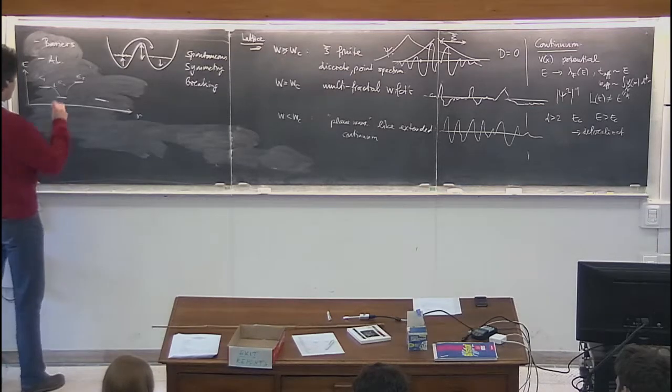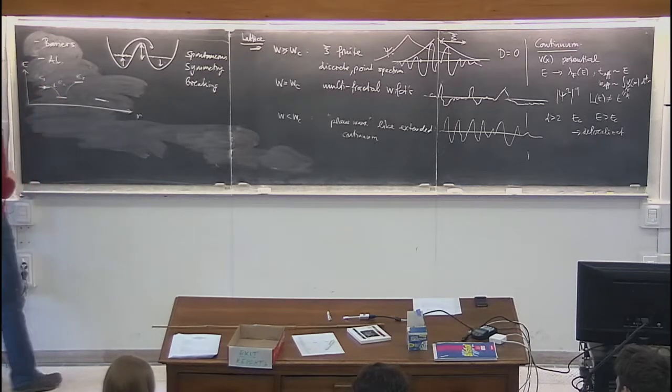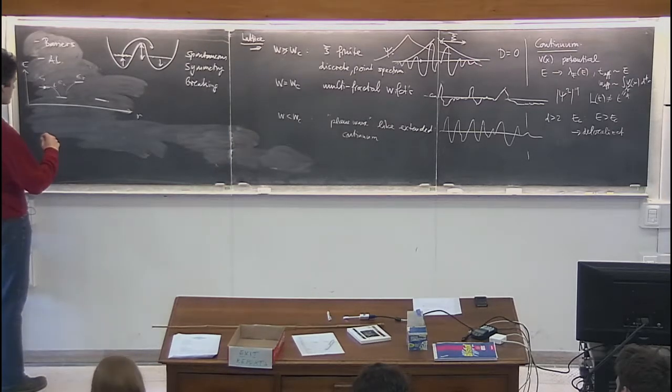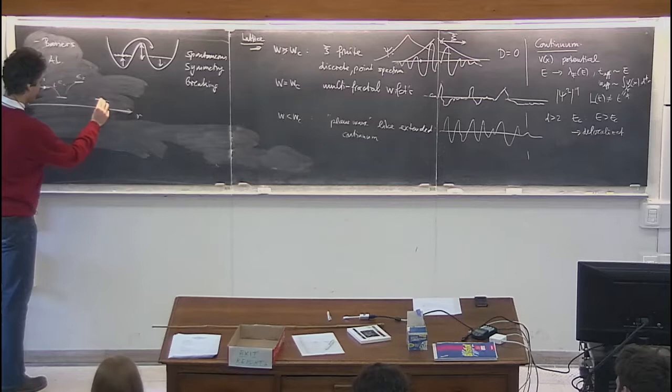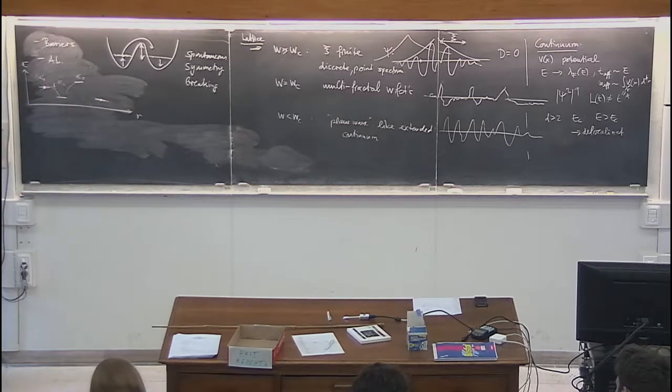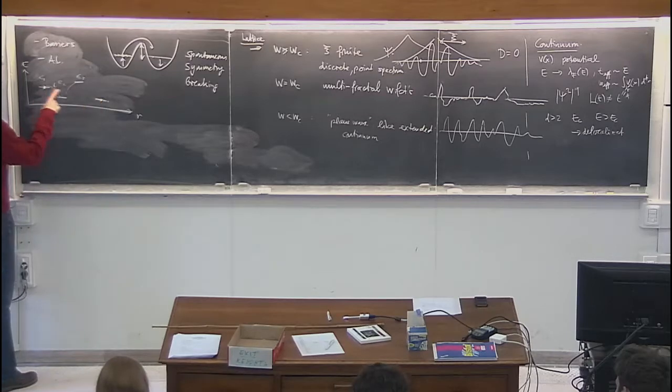But what if you have, say this is one particle here, what if you have another particle sitting here and it interacts with this particle. Well, this interaction can give this particle the energy this guy has.